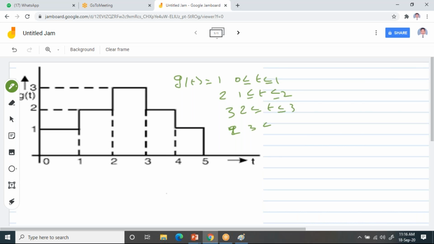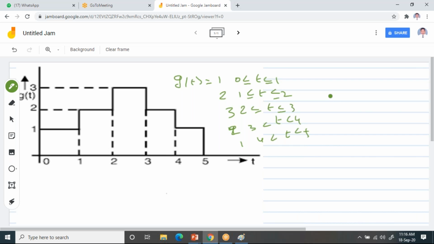Once I know this equation, you check whether the given signal is convergent or not. That means it has to satisfy this condition: the integral from minus infinity to plus infinity of modulus of g of t dt should be less than infinity.